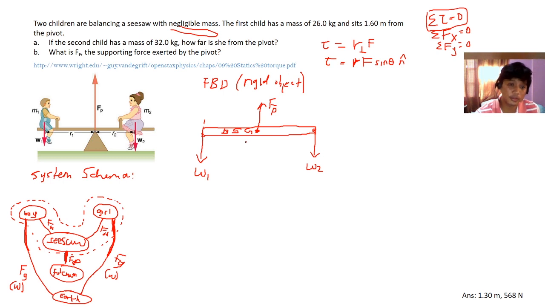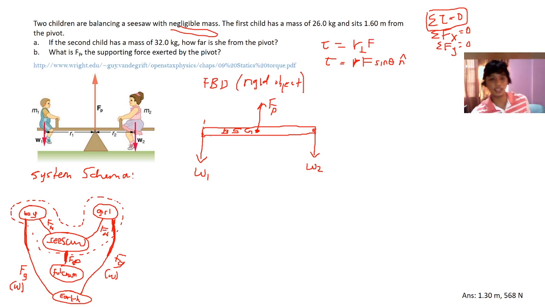Now, what I'm about to say right now is important, so listen carefully. It doesn't matter where you define your axis of rotation to be in an equilibrium condition. So when an object is in equilibrium, you can choose anywhere in this extended object where you want your axis to be, and it doesn't matter.